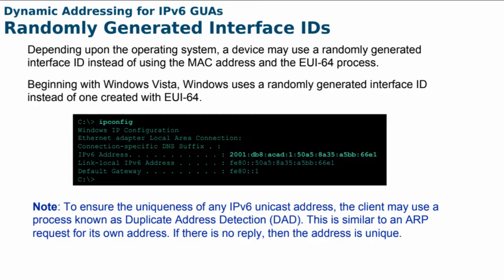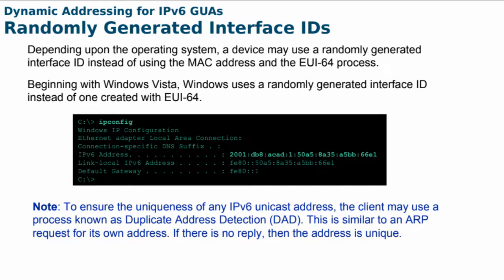Now, to ensure the uniqueness of any IP version 6 unicast address, the client may use a process known as duplicate address detection, DAD. This is similar to an ARP request for its own address. If there is no reply, then the address is unique.